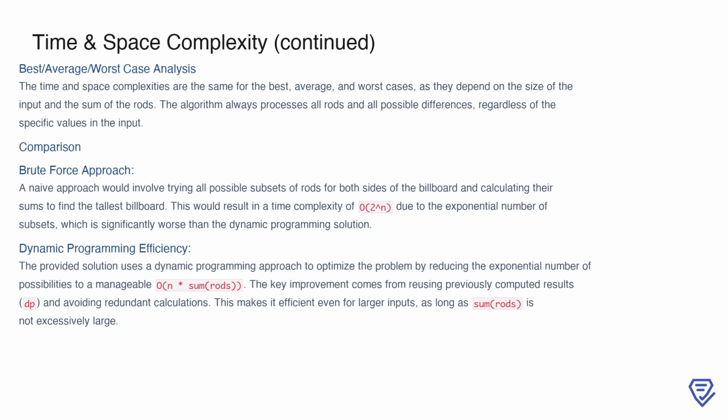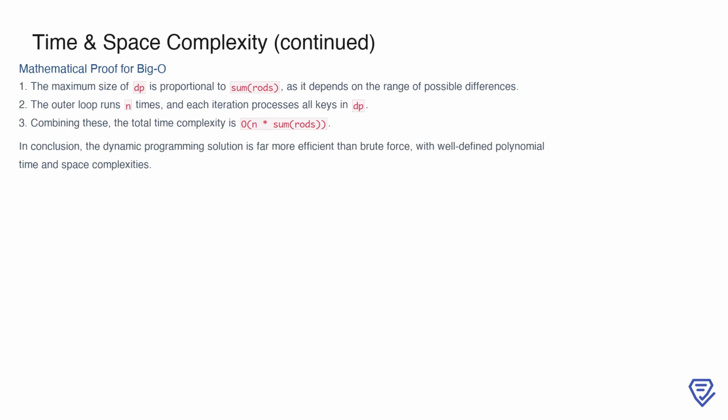doesn't grow excessively large. Finally, let's solidify the analysis with a mathematical proof for the time complexity. The maximum size of the dp dictionary is proportional to sum of rods, because it depends on the range of possible differences. Since the outer loop runs n times, and during each iteration, we process all keys in dp, the total time complexity becomes O(n times sum of rods).